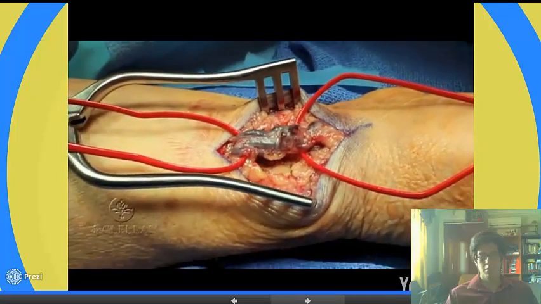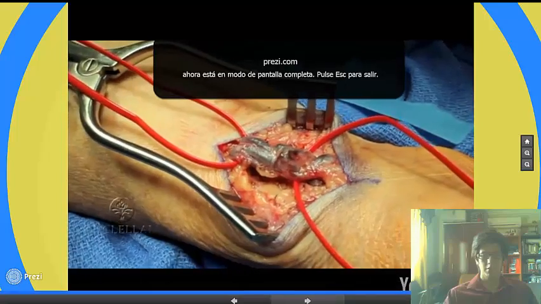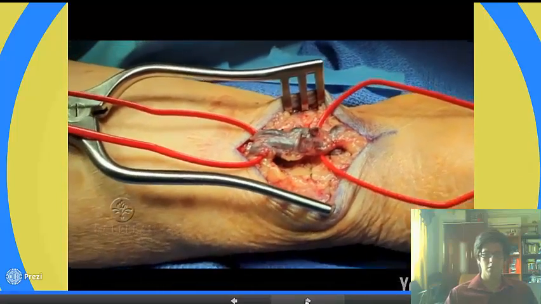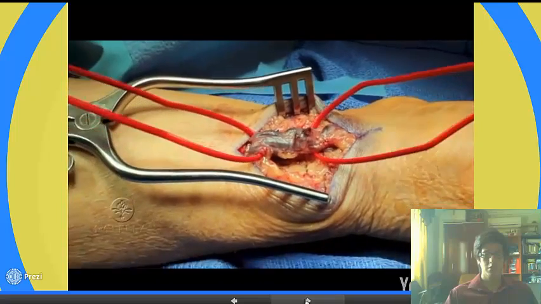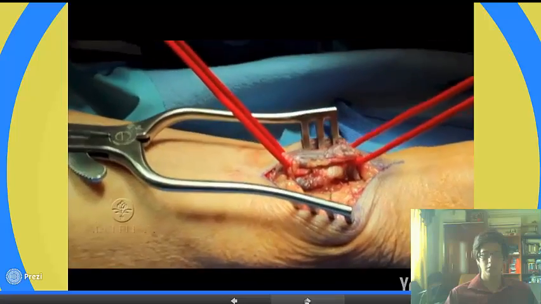Here's the radial artery and AV fistula, vena comitans dissected free in the wrist. And you can see the AV fistula right in the middle of the screen, and the enlarged, tortuous nature of the ulnar vena comitans.